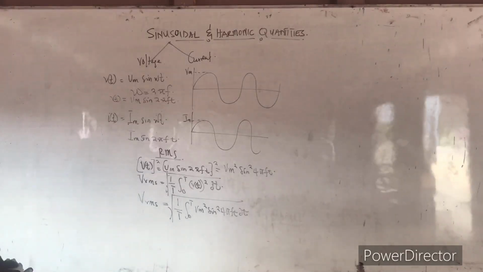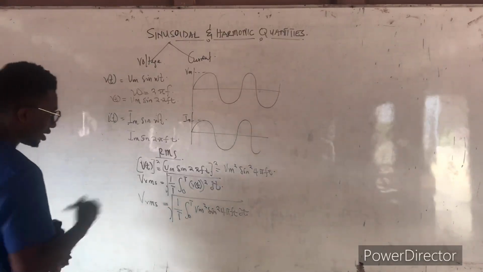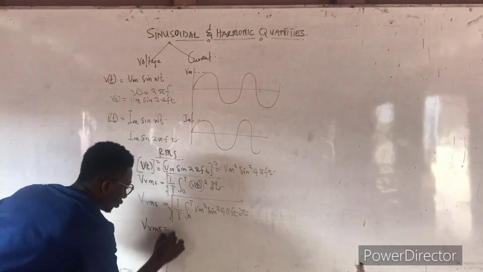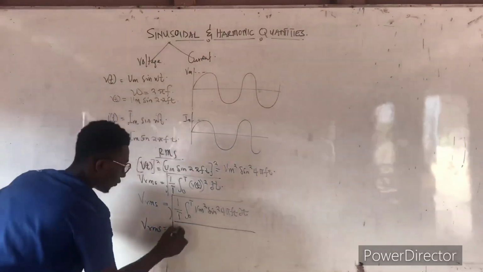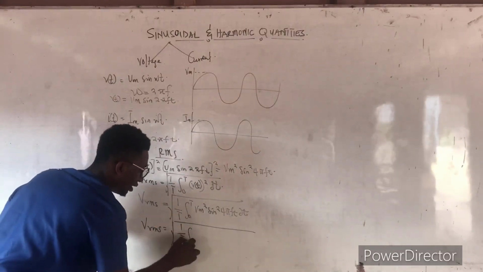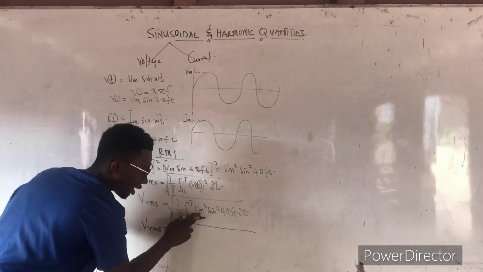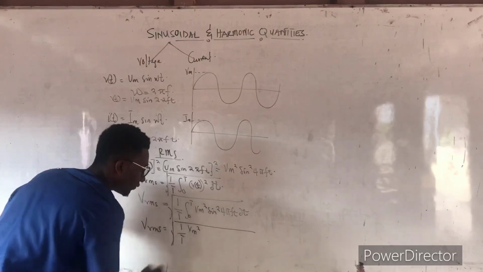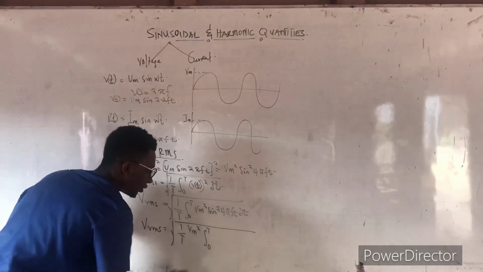Okay, so with this we can find the Vrms, which is equal to the square root of 1 on t. The Vm squared is a constant, so we can take Vm squared out of the integral from 0 to t.